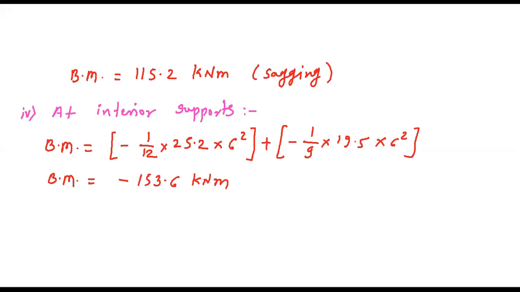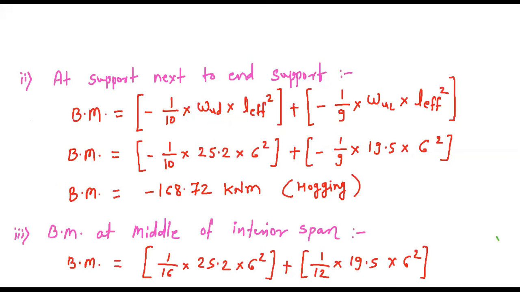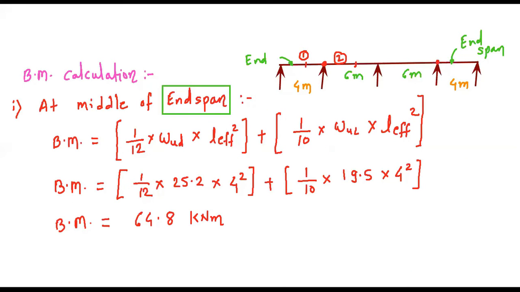So if I show these values in the figure, now see, at the interior support it is 153, and this moment 115 is at middle of interior span. If I project this diagram and draw only the bending moment shape of the diagram, this is our diagram.